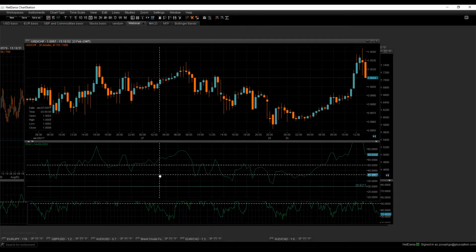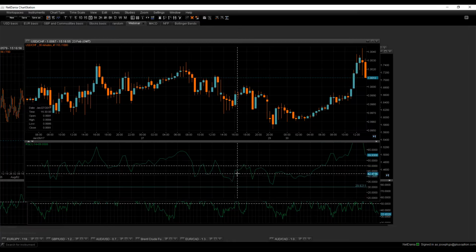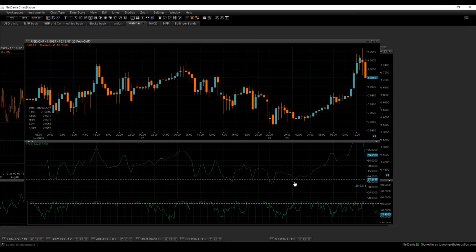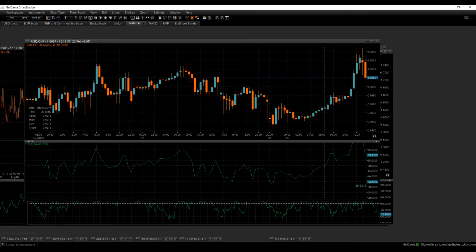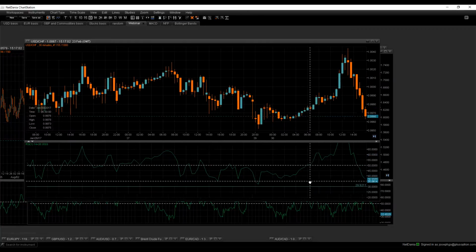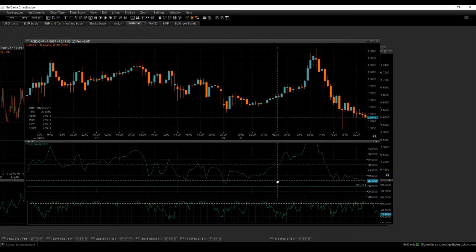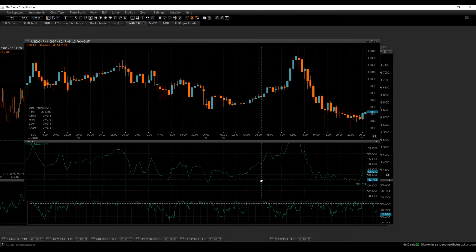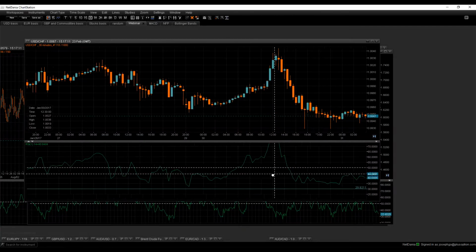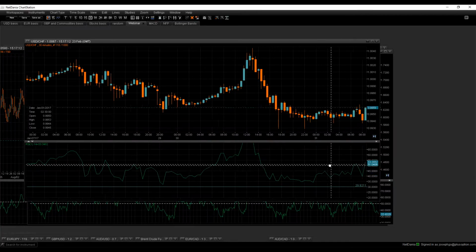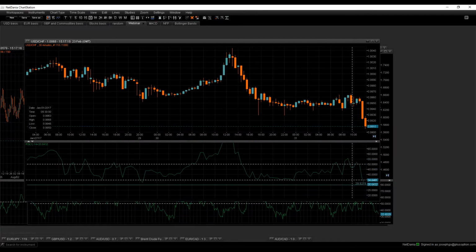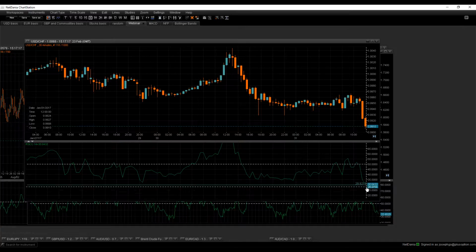Okay, so now we're watching this chart, but also we're watching the RSI down here, and we want to see the green line dip below 30. And let's see if we can find that. Okay. And once it dips below 30, we don't act immediately. We have to wait for it to cross back above 30. Okay, so now we're about to see it dip below 30 right here.